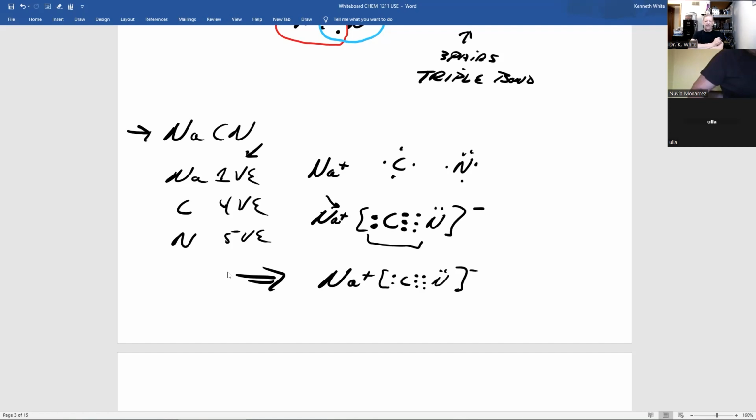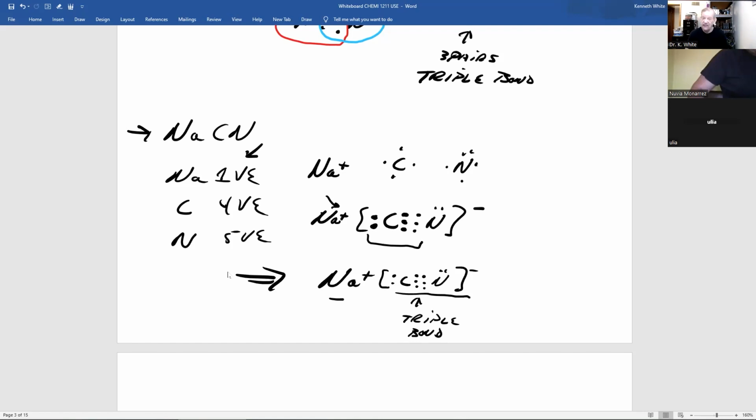It gives up one of its electrons to the cyanide anion. And here is the cyanide anion. This is a triple bond again, 3 pair of electrons. So between the carbon and nitrogen, there's a triple bond. Between the sodium cation and the cyanide anion, there's an ionic bond.